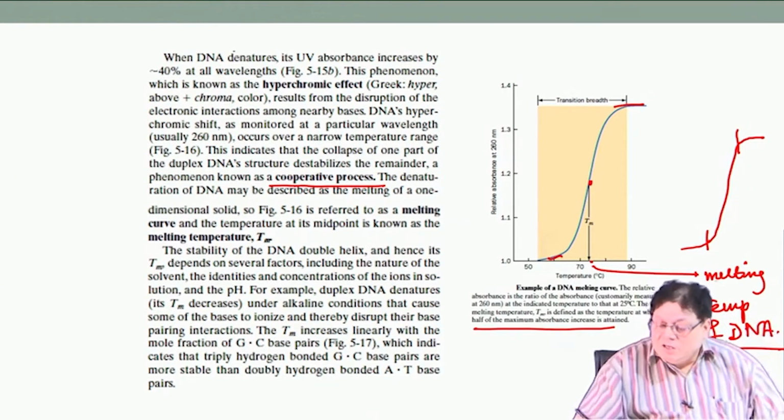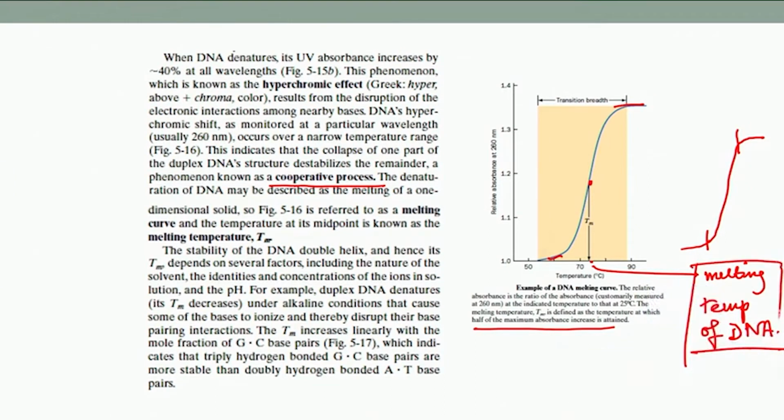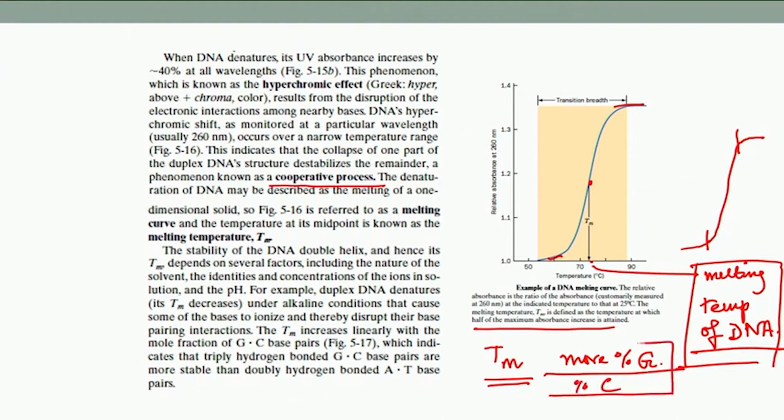Now, the question is, what are the factors on which melting temperature depends? What are the factors on which Tm depends? Obviously, if you have a DNA where there is more percentage of G, that means there is more percentage of C, that means there are more of these 3 hydrogen bonds between G and C. So, if you have more G content, you have more C content, so your hydrogen bonds are more strong now.